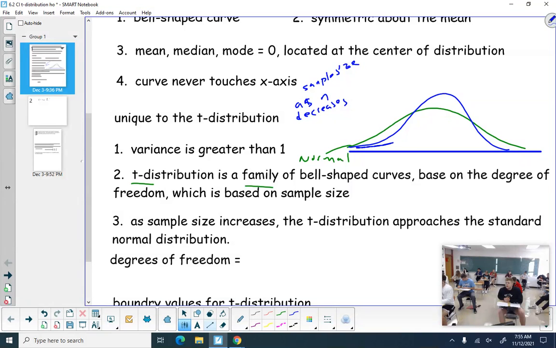So we start getting a family of curves. As the sample size decreases, the hump on Sally the camel starts to rise. And you have a family of curves. You have a bunch of curves.